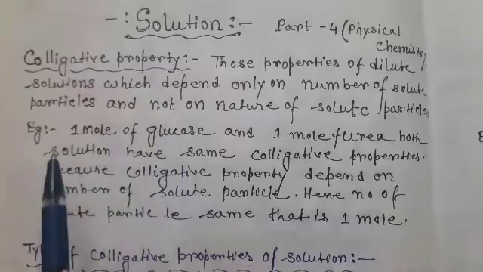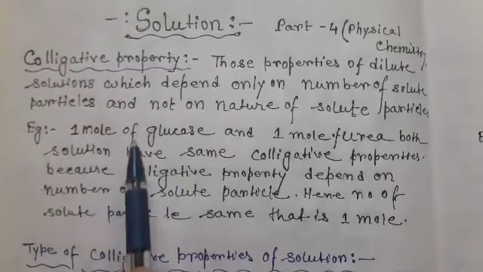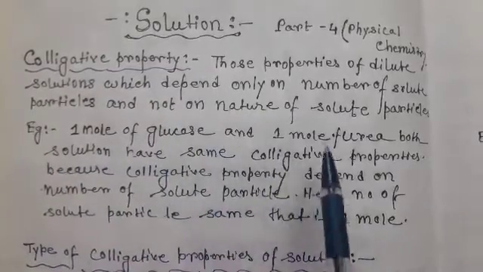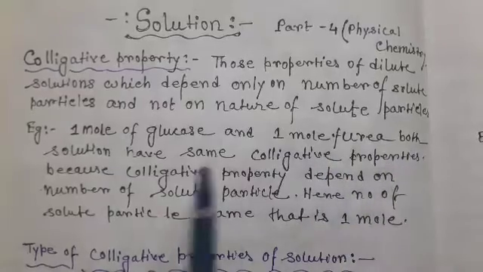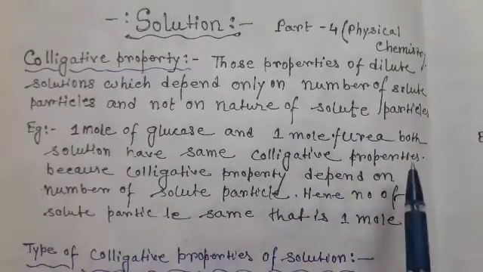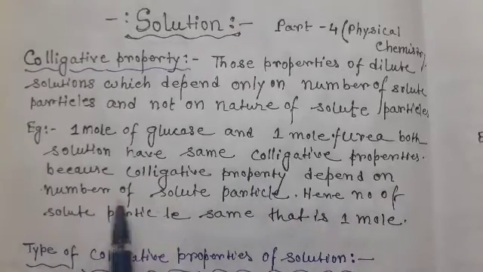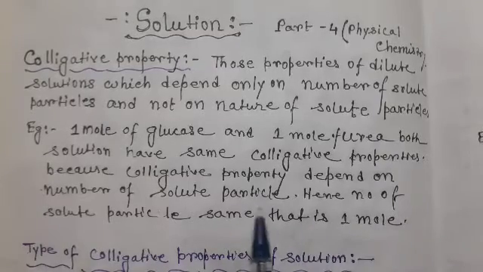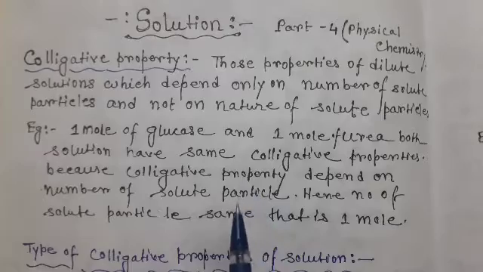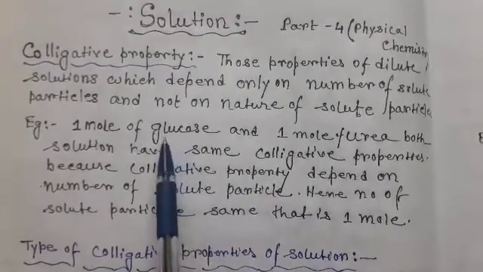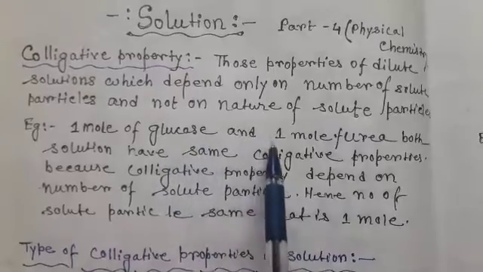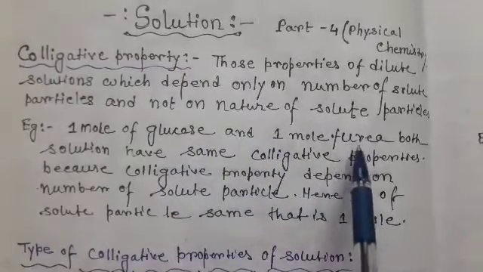For example, 1 mole of glucose solution and 1 mole of urea solution both have the same colligative properties, because colligative properties depend on the number of solute particles. Here the number of solute particles is the same, that is 1 mole, so the colligative properties of both solutions are the same. The first solution's solute is glucose and the second solution's solute is urea.